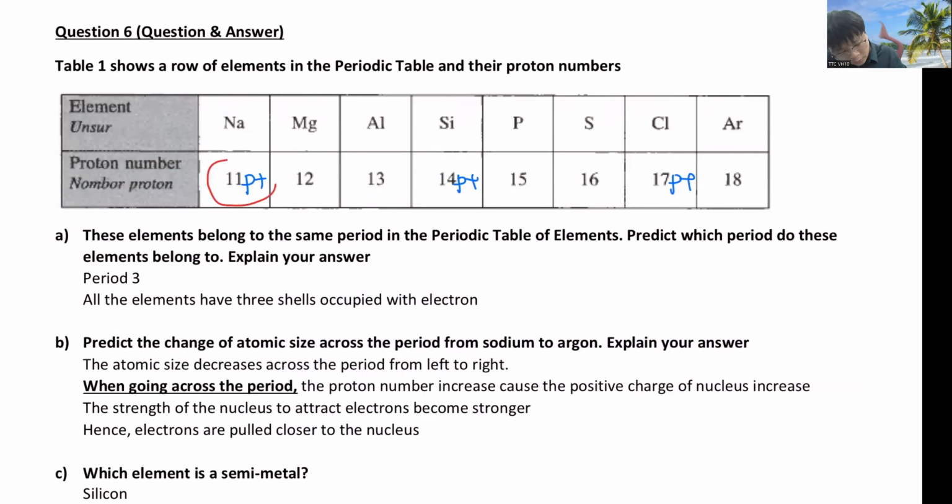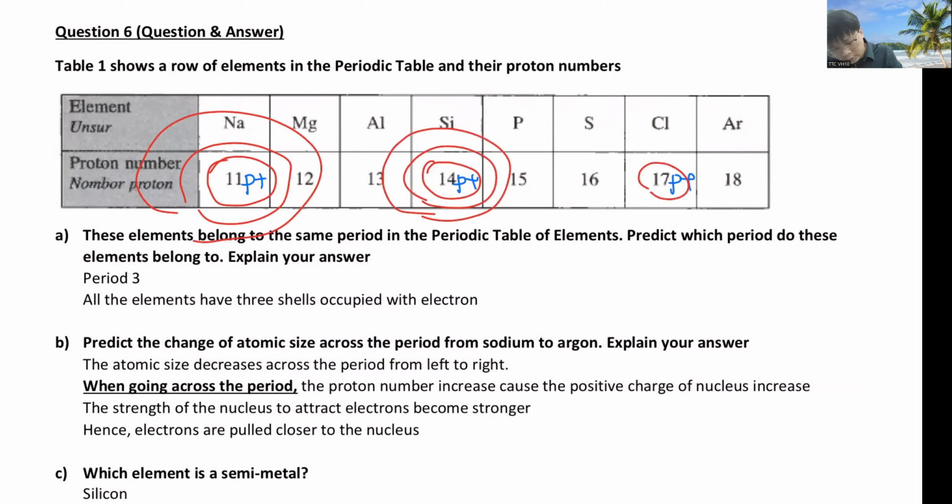The size gets smaller because the more protons in the middle, the stronger the force. When going across the period, atomic size decreases, because the proton number increases and causes the positive charge to increase. So the strength of the nucleus to attract electrons becomes stronger. They are able to attract all the electrons closer, that's why the size decreases.